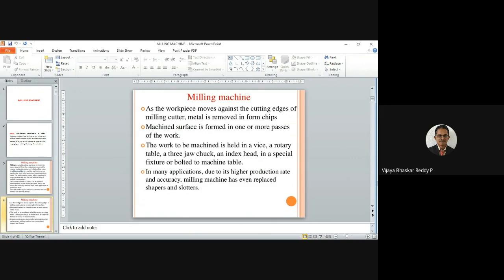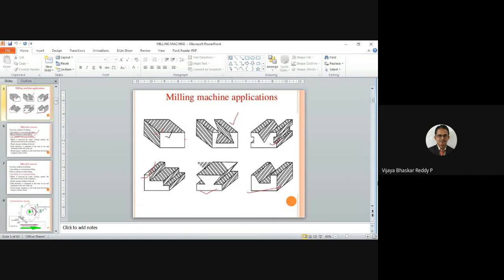The work to be machined is held in a vise, rotary table, a three-jaw chuck, or an indexing head, or in a special fixture bolted to the machine table. In many applications, due to higher production rate and accuracy, milling machines have replaced shapers and slotters, right?